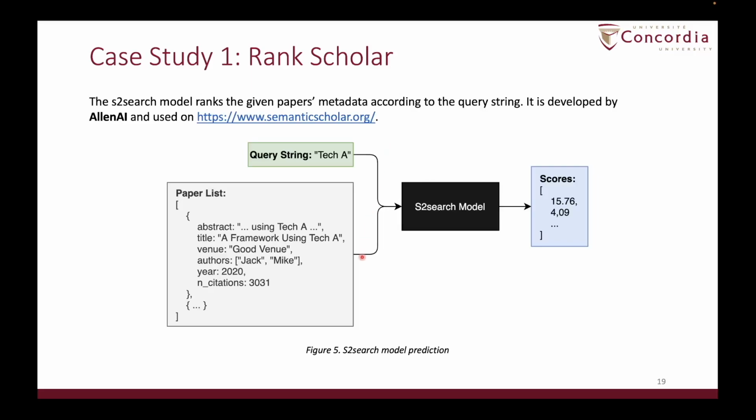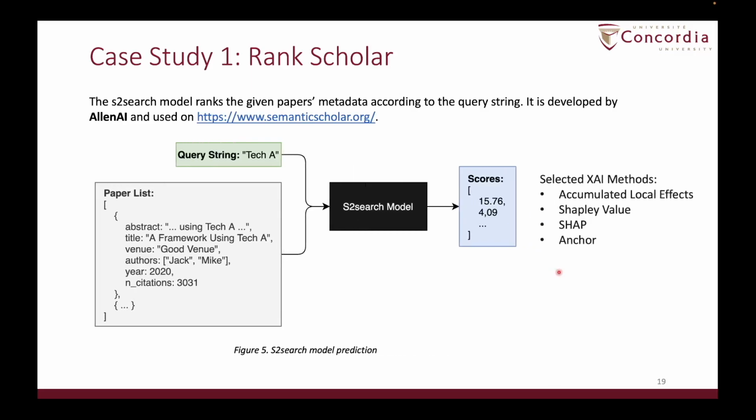The input paper features are abstract, title, venue, authors, year, and the number of citations. And then the model predicts the ranking score of each paper. In this case, we select accumulated local effects method, Shapley value method, SHAP method, and anchor method.